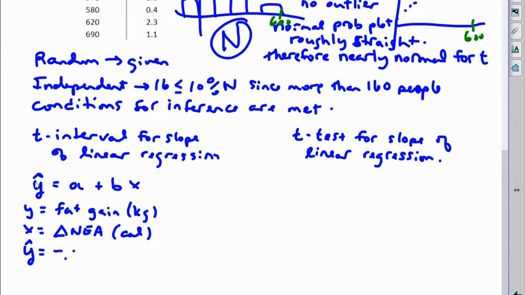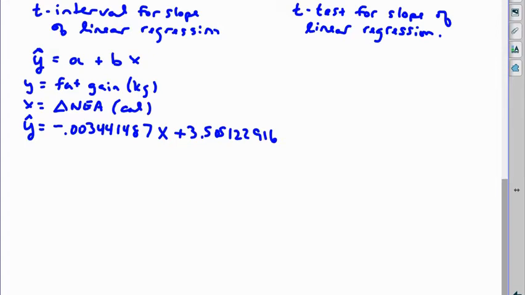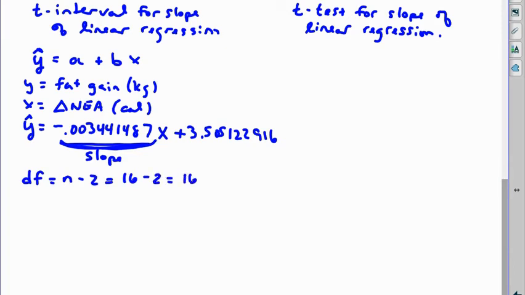So predicted y will be negative 0.003441487 x, that was the slope, plus 3.5051222916. I have my slope with degrees of freedom of 14.